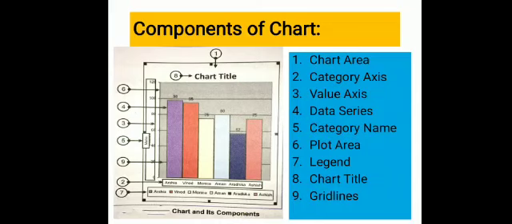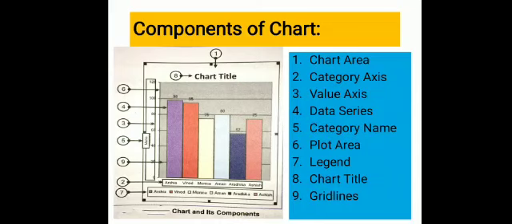Second one is category axis. It is also called x-axis, is the horizontal axis, and the subject of analysis is plotted against the x-axis. Next is value axis or y-axis, is the vertical axis that is used to plot the value. So two differences are there. Category axis, it is x-axis and it plots horizontal side subject analysis.